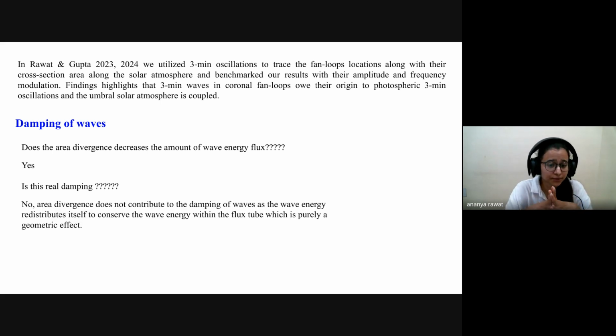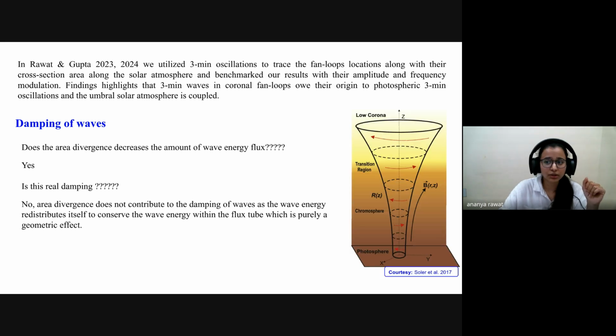This area divergence does not contribute to the damping of these waves, because the energy which is generated at the photosphere, when it is propagating along these loops, gets redistributed along these loops, which is basically a geometric effect. Here is a schematic diagram of a loop expansion. Whatever energy is being generated here gets redistributed along these loops.